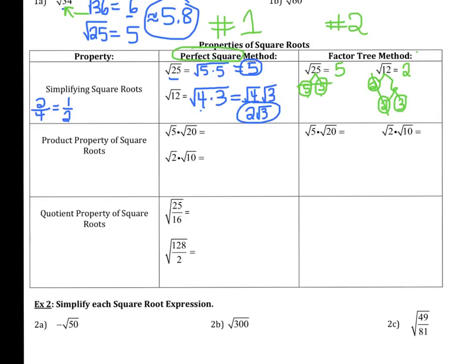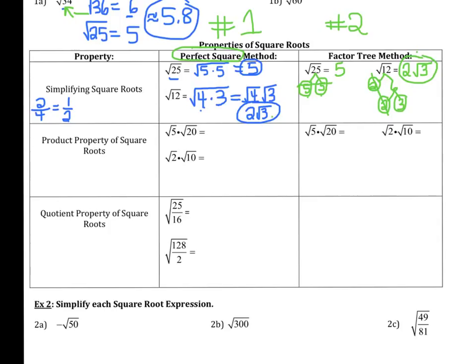But one of them's caught, so it's right there. The other one disappears. That 3 doesn't have a 3 to partner up with, so it stays underneath the radical sign in jail. So 2 square root 3 is the same thing I got over there doing the perfect square method. So I'm going to keep going back and forth between both methods, try to give each way a chance, and then make your decision at the end which one you like better.